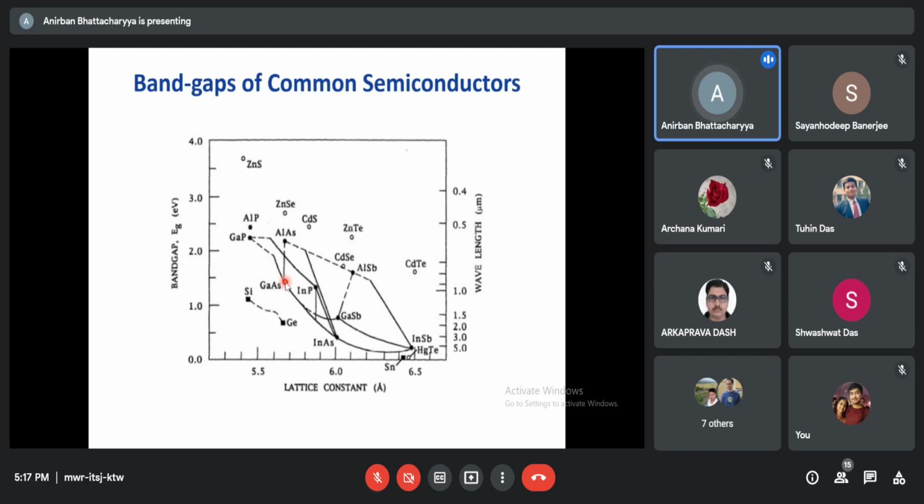Now, has this been taught to you? Direct, indirect band gaps. Okay, so that I will cover in the next class. Don't worry about it. And so what I'm saying is, let's go back to this class again.